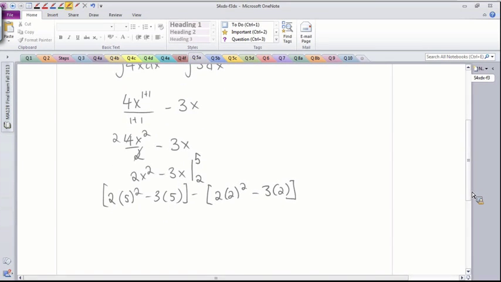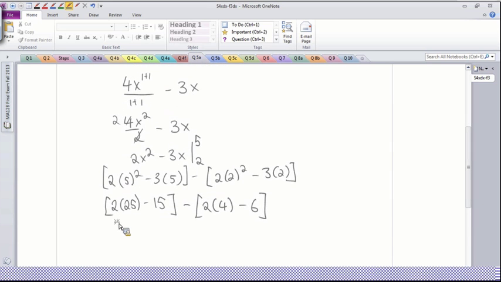So let's evaluate. Exponents first. 5 squared would be 25, so this would be 2 times 25 minus 3 times 5, which is 15. Exponents first, so 2 squared is 4, this will be 2 times 4 minus 6.